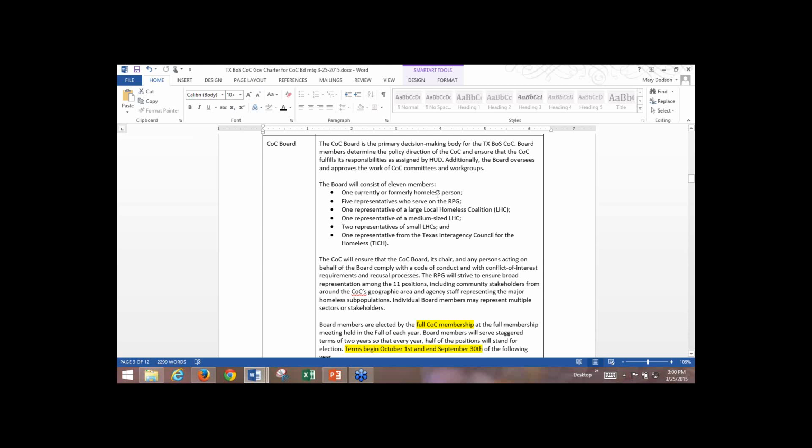Of course, 1 currently or formerly homeless person at least, 5 representatives from that coalition representatives group, some additional representatives from other homeless coalitions or planning bodies that we want to make sure we've got some good size and geographic representation there, a broad range. And finally, 1 representative from the Texas Interagency Council for the Homeless.